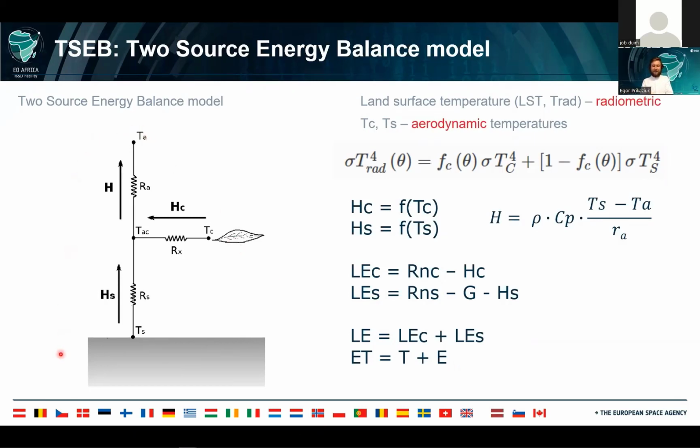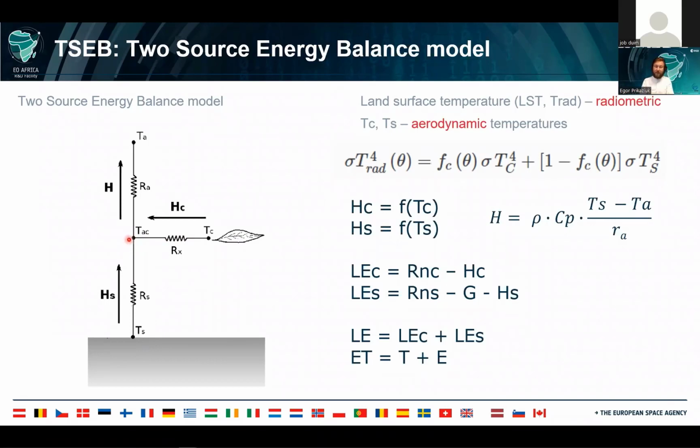This is how the plant looks for the modeler. In this case, two source energy balance model, the soil temperature warms up the air, overcoming the soil resistance, and creates sensible heat flux. The leaf has a temperature. It also warms up the air, creating a canopy sensible heat flux, and then they join at some point because the soil is somewhere near or under the canopy.